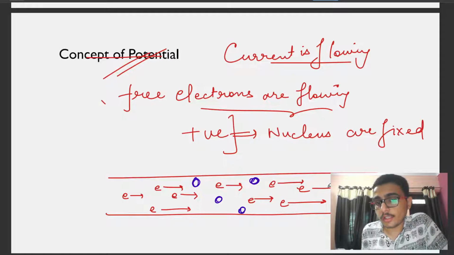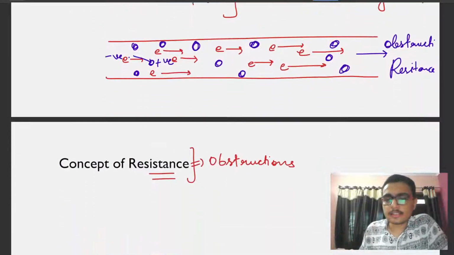Protons are the nucleus. So when my electrons will be flowing, they will of course face some obstruction by these nuclei. Why nuclei? Because these electrons will be attracted by the protons. It's positive and this is negative. So while flowing, they will face some obstruction, some resistance, right? Some difficulties, and that is resistance.